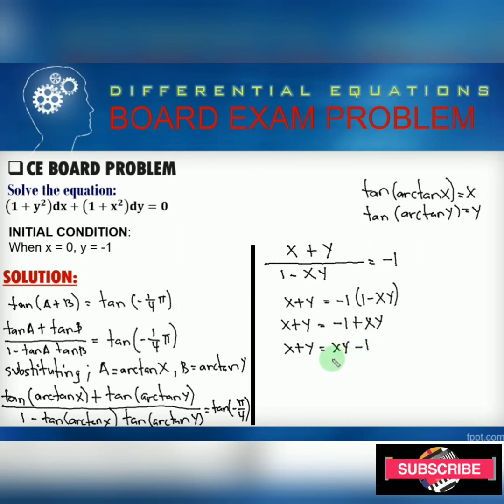We transpose this to the left side, so we will have X plus Y minus XY plus 1 equal to 0.